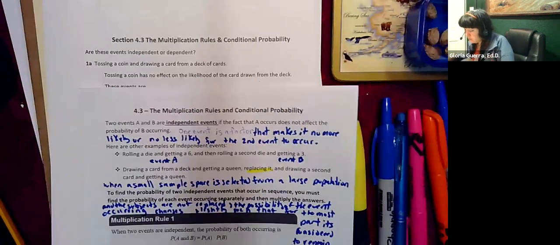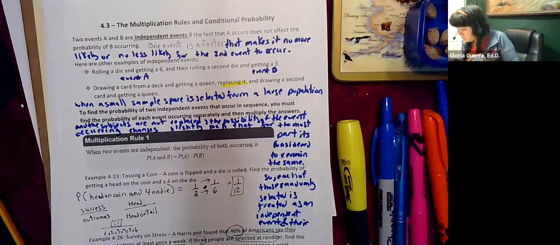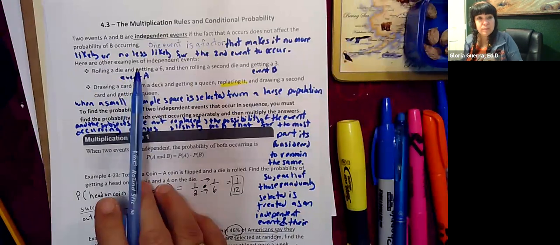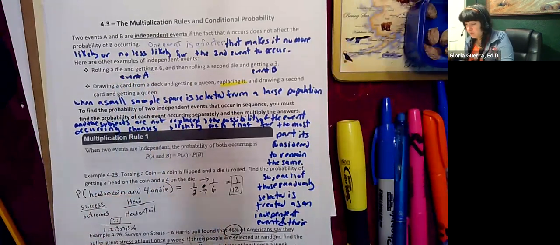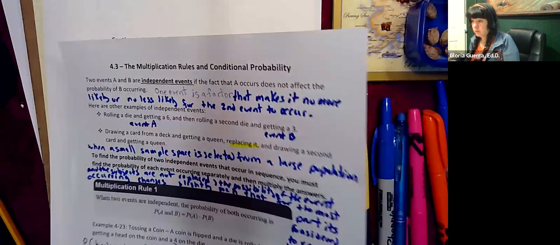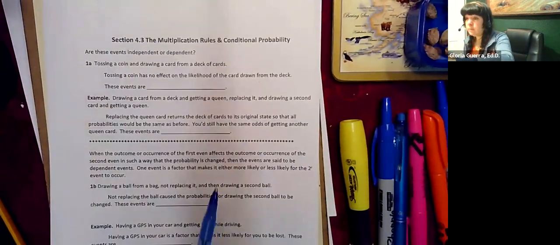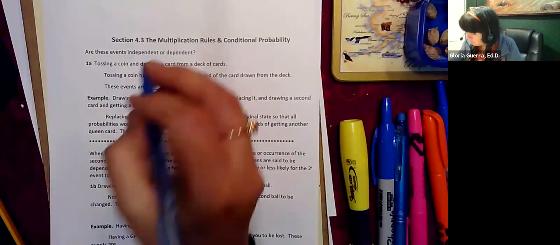Tossing a coin, drawing a card. No, it's similar to this one. Here you're rolling a die and then getting a 6, but it's not exactly the same. They are different, but those are examples of independent events.